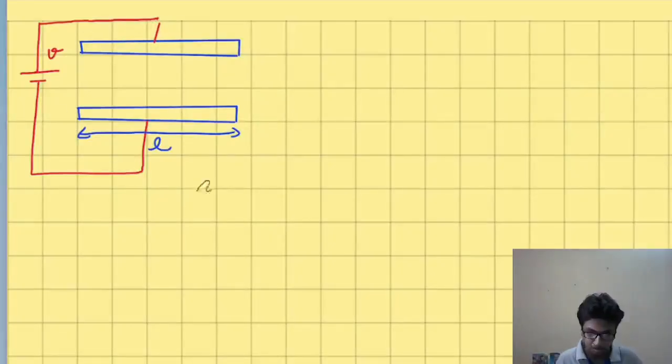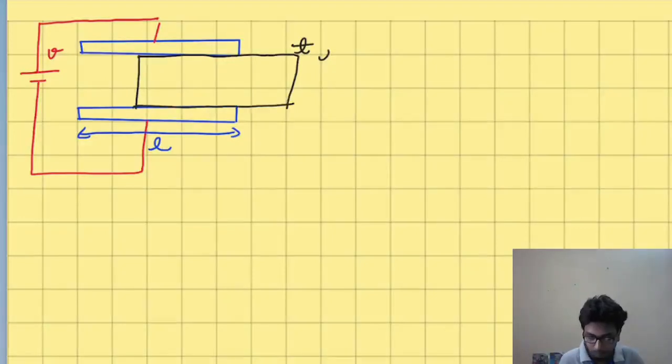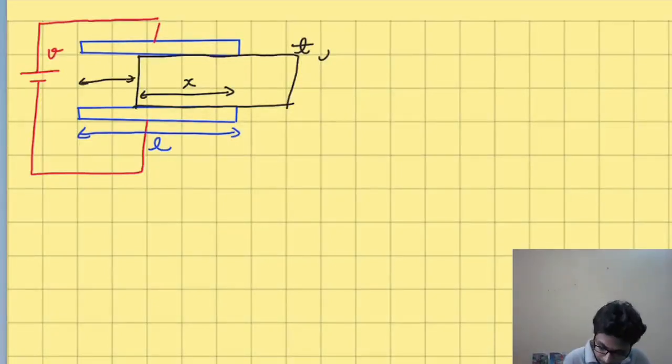Here is our capacitor. Now suppose at some instant t, a dielectric is inserted inside the capacitor up to length x. Now the remaining length of this air capacitor can be written as L minus x. Now we can treat this capacitor to be made up of two capacitors.